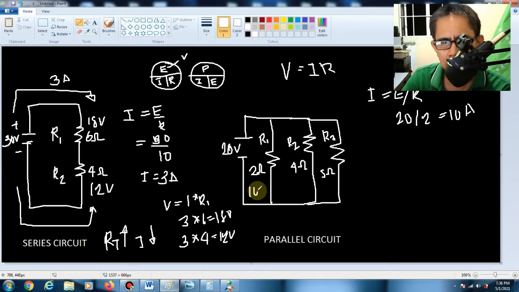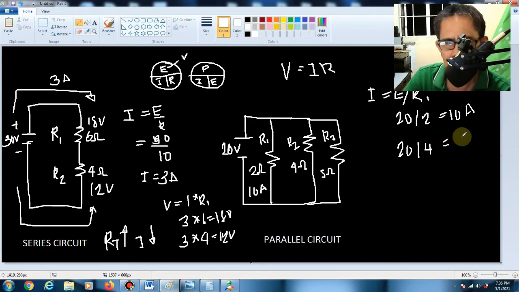So we have the 10 amperes. Okay, so next, the R2, so 20 divide by 4. Ito yung R2, di ba? So 20 divide by 4, so we have the 5 amperes. So dito meron tayong 5 amperes sa R2.